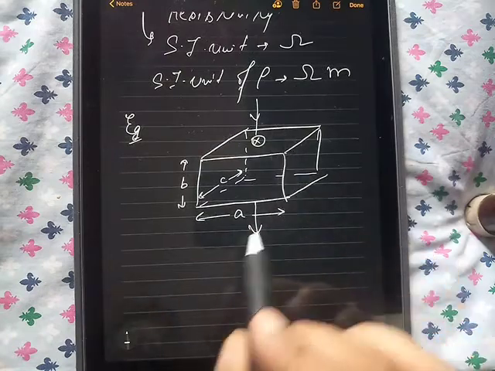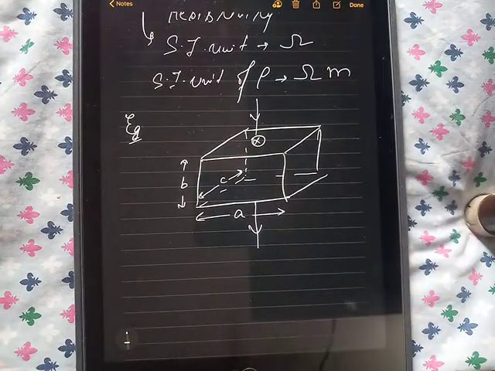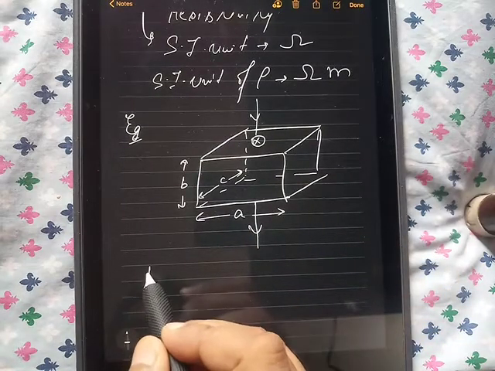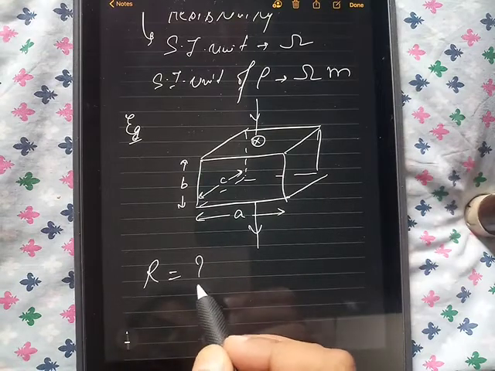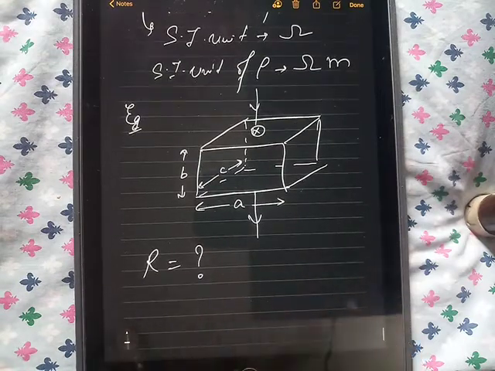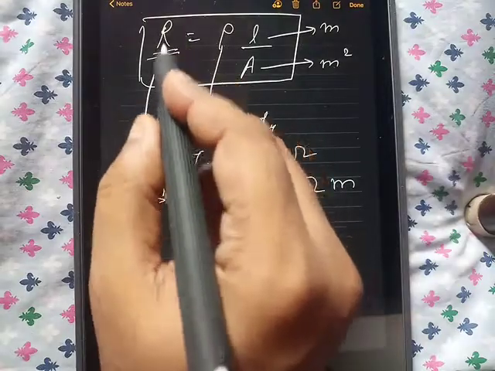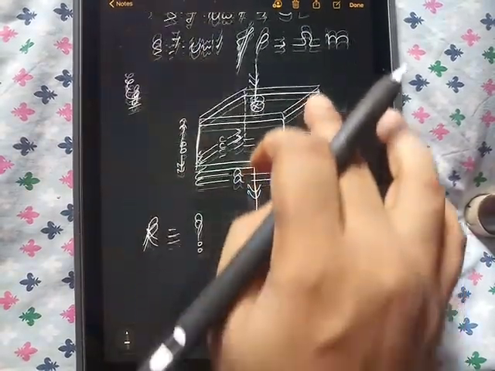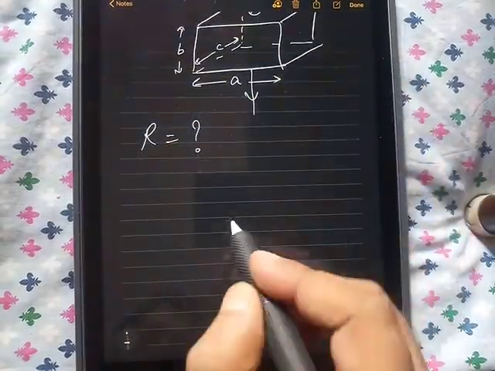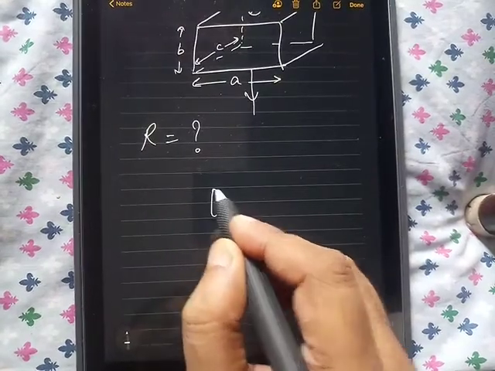If the direction of current is given, then what will be the resistance of this conductor? R equals question mark. Now, pause your video and find the resistance of this conductor. Let us begin. Now here, basically R equals rho L by A. How can we apply this formula?